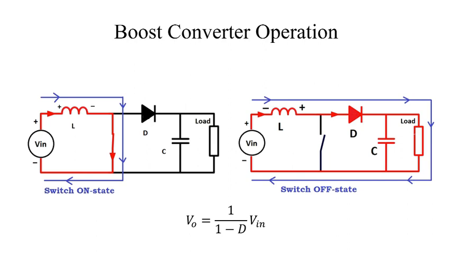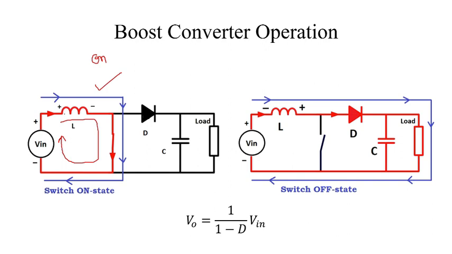In a more detailed operation, here we have shown diagrams of how it is functioning. In the left hand figure, this is the on period. During the on period, this is the way the current is flowing.